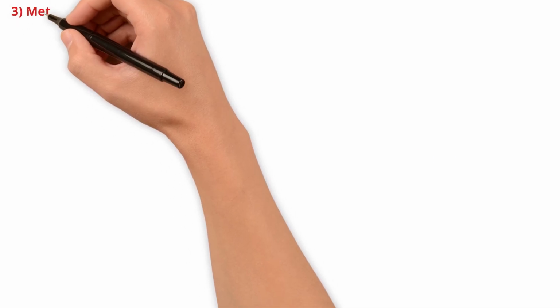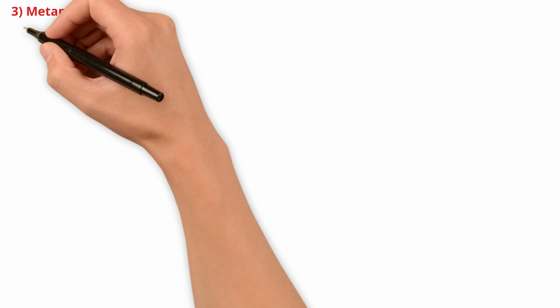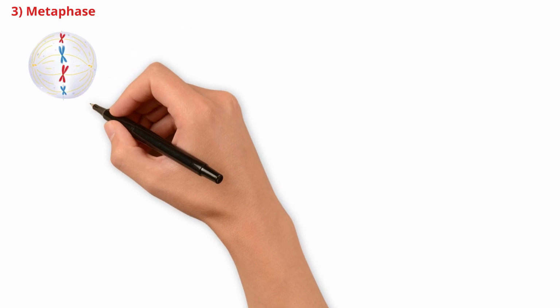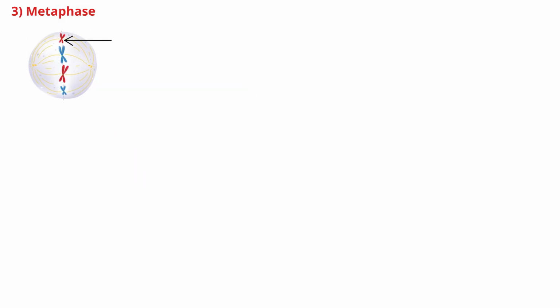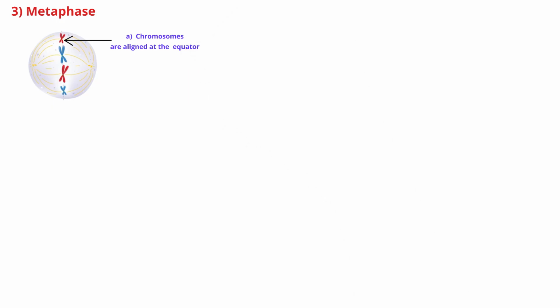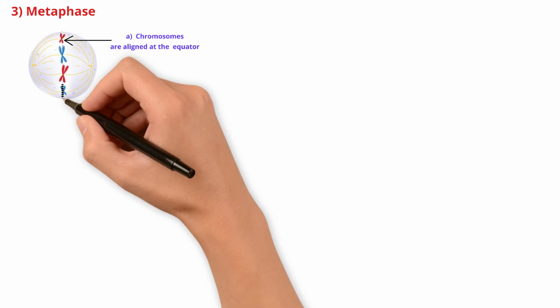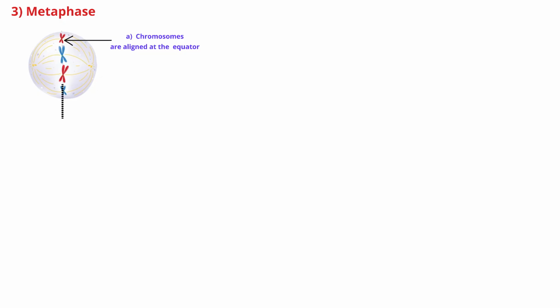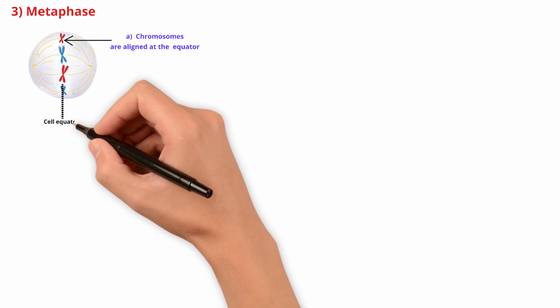The next phase of mitosis is called the Metaphase, or the chromosomal lineup phase. At this moment, all chromosomes align neatly at the cell's equator, known as the metaphase plate. This is not a physical structure but an imaginary line bisecting the cell.